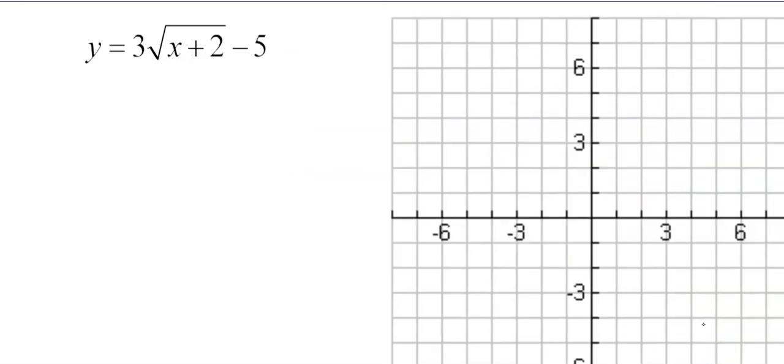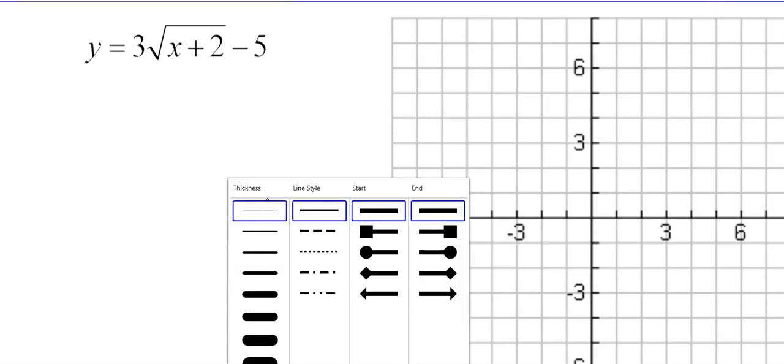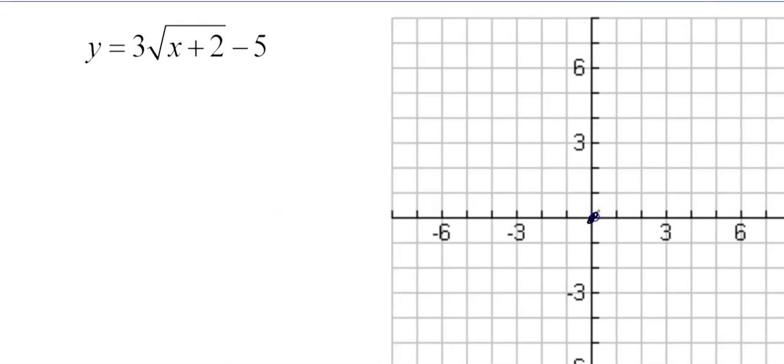Square root function, again, hopefully you know your parent graph here. It's very important to know your 3 points: (0, 0), (1, 1), and (4, 2). Because I have an a value other than 1, I'm going to actually write out those points. (0, 0), (1, 1), and (4, 2).